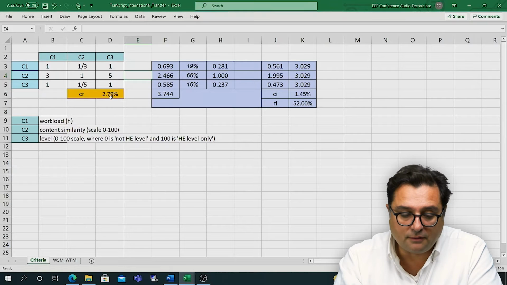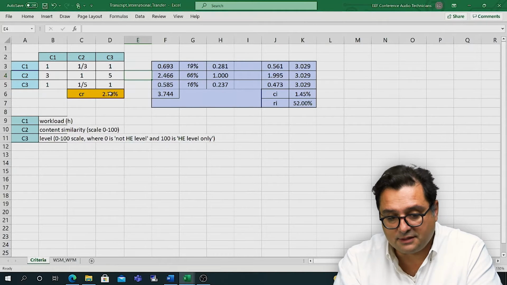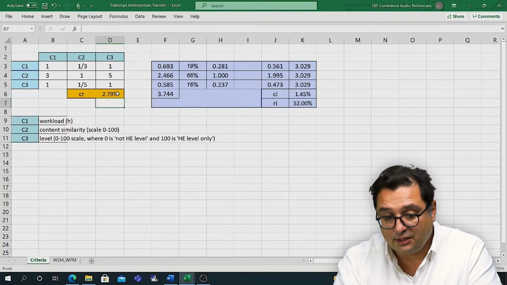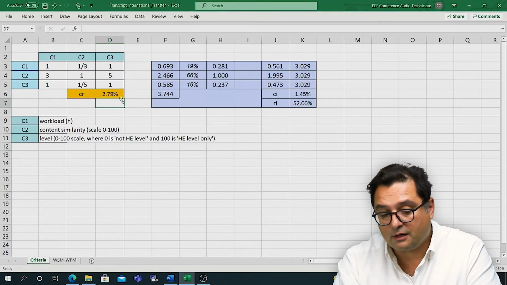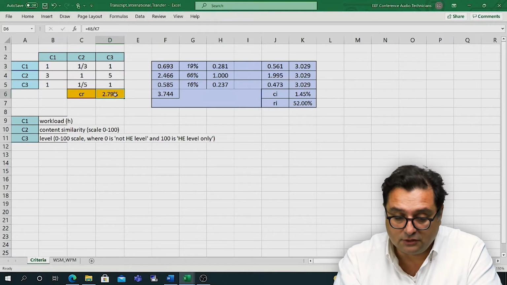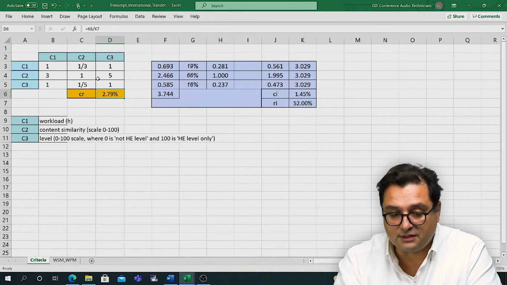Please note the following. The theory gives us a threshold of error. This is the consistency ratio here. If this consistency ratio is less than 10%, then as per the theory, we are satisfied with our input. If it is not, then we have to revisit our input.